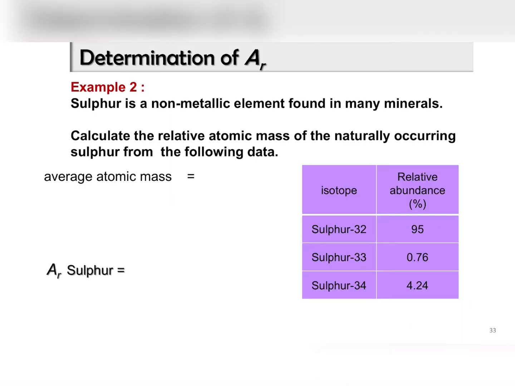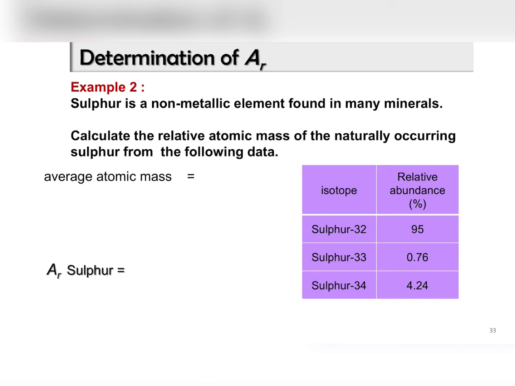Sulfur is a non-metallic element found in many minerals. Calculate the relative atomic mass of the naturally occurring sulfur from the following data. You are given this table and the relative abundance, all in percentage. No problem, you just put the percentage values into the formula.